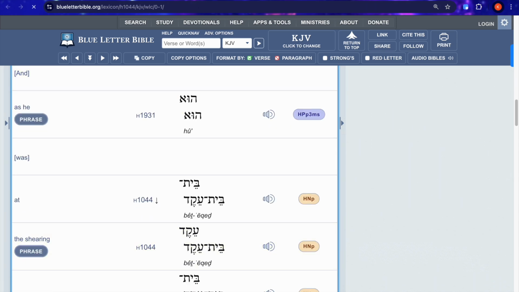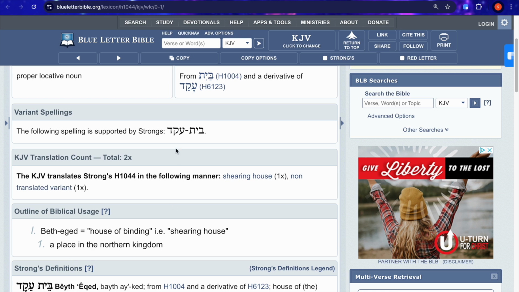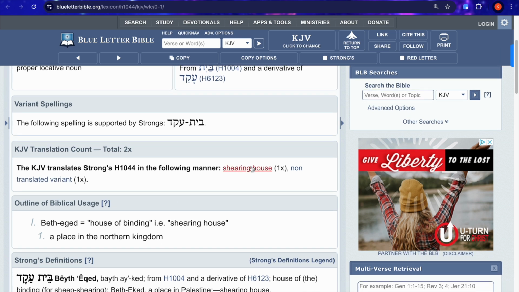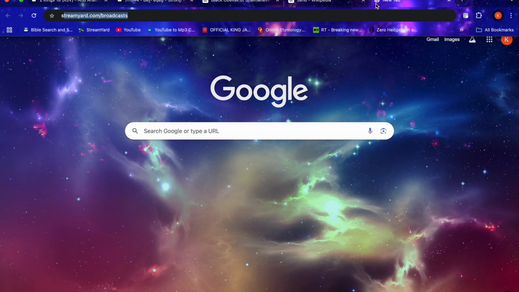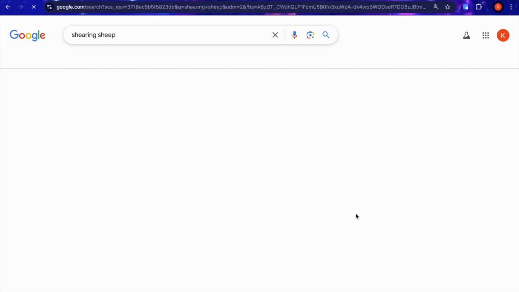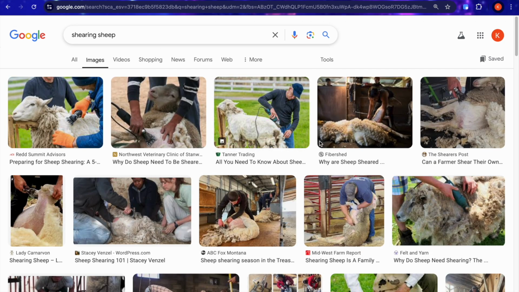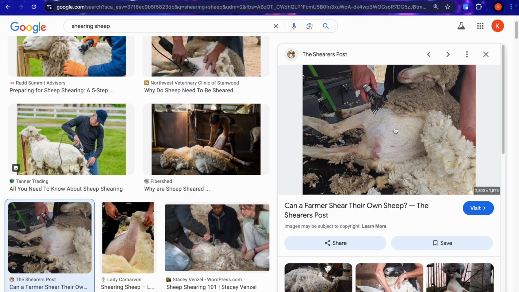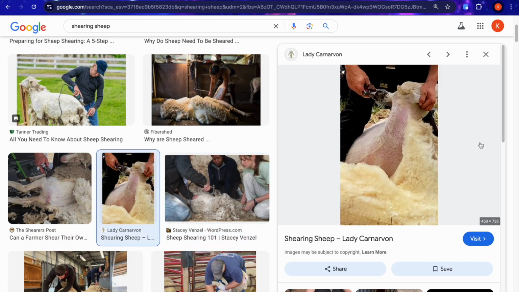It says here for sheep shearing. So here is an example of shearing sheep, and you can maybe get a good visual. Obviously today you have more advanced materials, but back then I'm sure they had some other means of doing it as well. So you can see here it's basically shaving the fur off of the sheep. Cool.